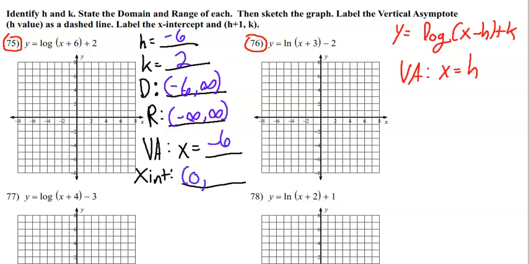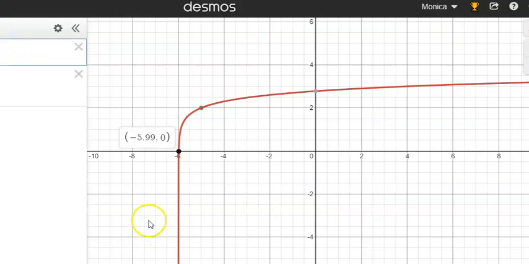The x-intercept, no, not the y-intercept, the x-intercept, you would set the equation equal to 0 and solve for x. If you look at the graph for this, you get -5.99.